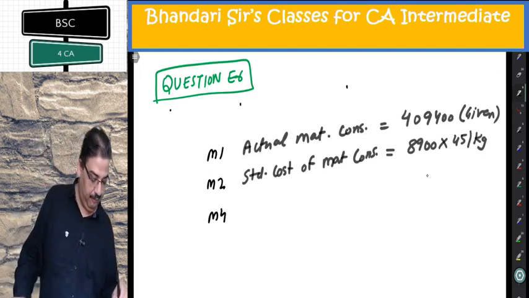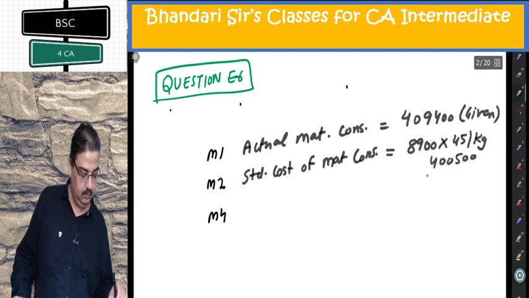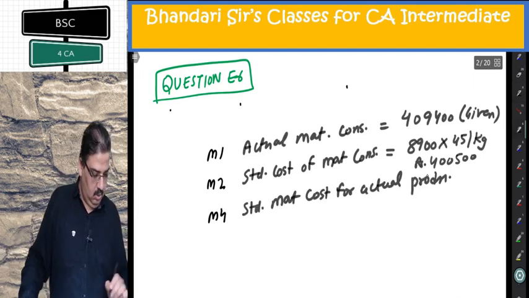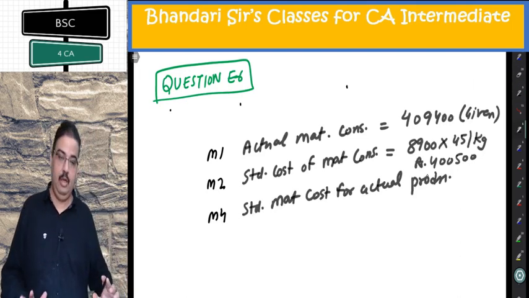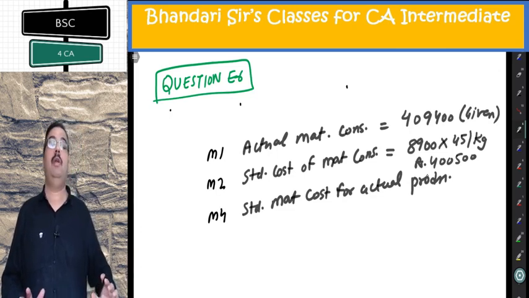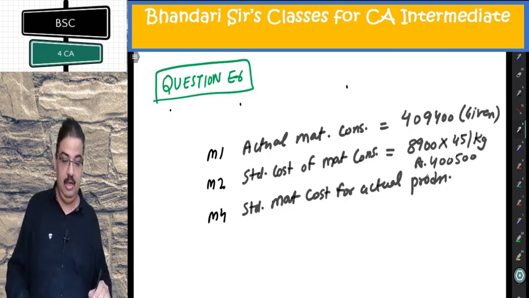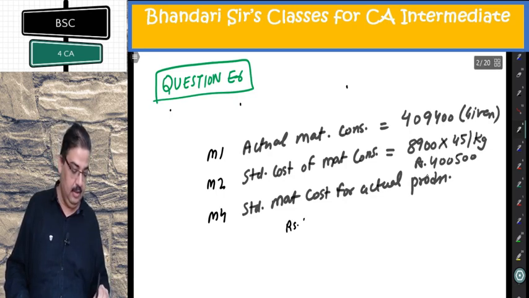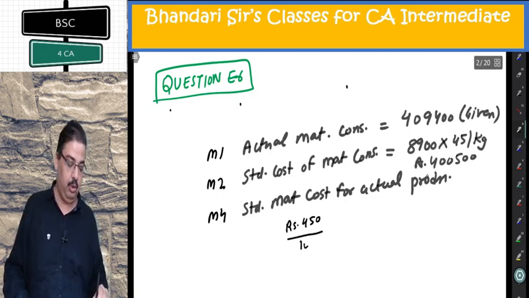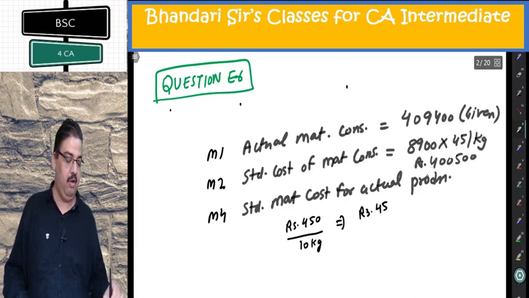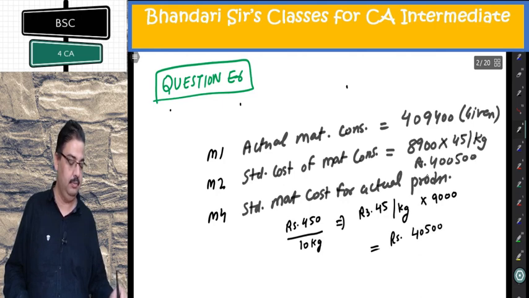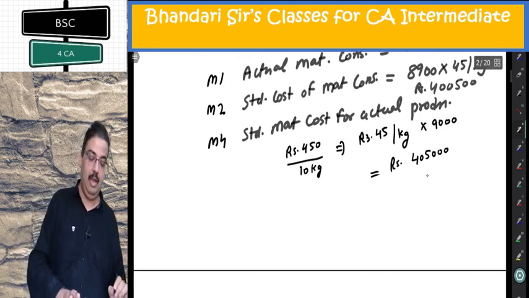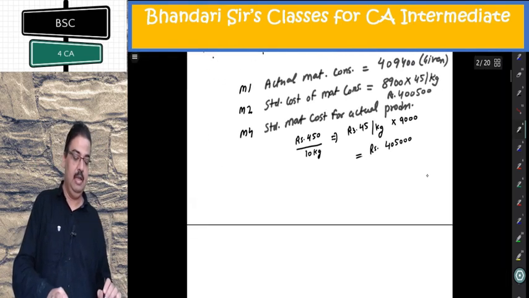I am getting 4,005,000. M4 here, standard material cost for actual production. You are given a table in which you are given rupees 450, but that is for 10 kg output. So rupees 45 per kg of output multiplied by 9,000. It becomes rupees 4,05,000. Now I make the table in which I will be getting many answers to follow.